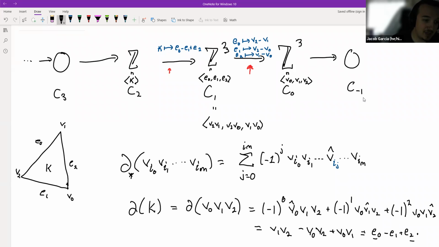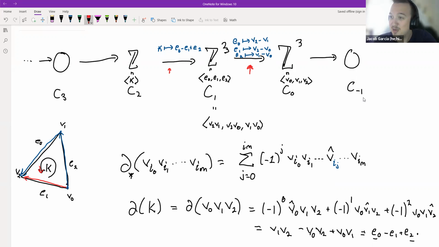So the right-hand rule gives me an orientation of K like this. And the orientation on E2 goes from the lower index to the higher index. And this one goes from the lower index to the higher index. But here, the lower index to the higher index is in the opposite direction of the right-hand rule. So it gets a negative sign, whereas the other two get a positive sign.